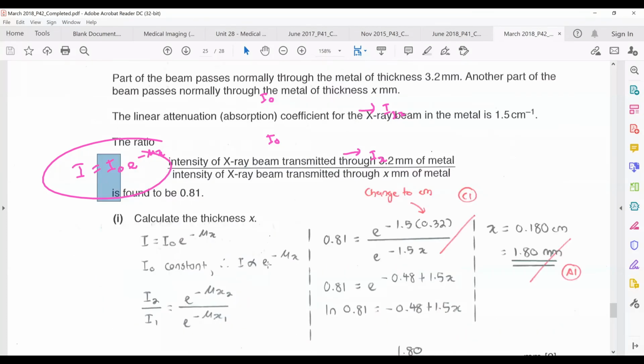I is actually proportional to exponential negative mu x only. So I2 over I1 is exponential negative mu x2 over exponential negative mu x1. And after that, you just substitute the values and solve this.